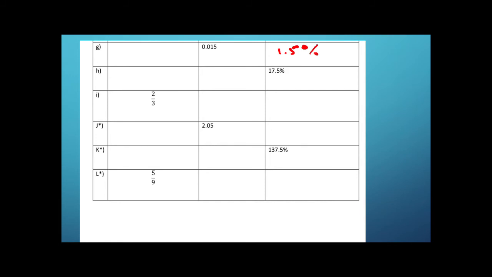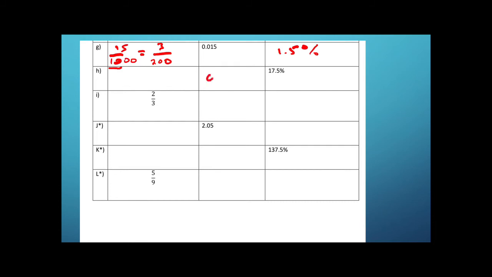So that's 1.5%. So that literally means 15 1/1000ths. So that needs to be simplified, so let's divide by 5, which gives us 3 over 200. 3/200ths.